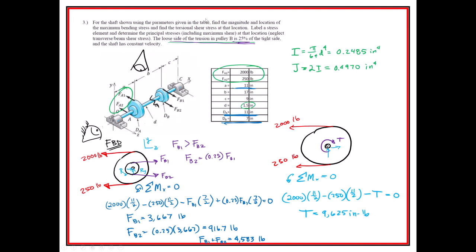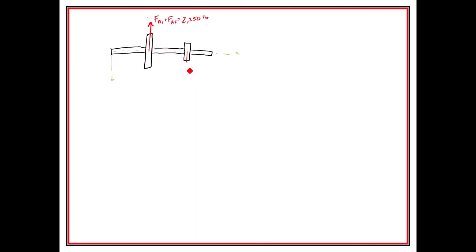Looking over here, they're going to be downwards in this view, right? And we already previously calculated what those were when we added those together. That's the FB, I'm just going to write down the number because there's a bunch of lines that are going to go down here. So that's going to be 4,583 pounds.